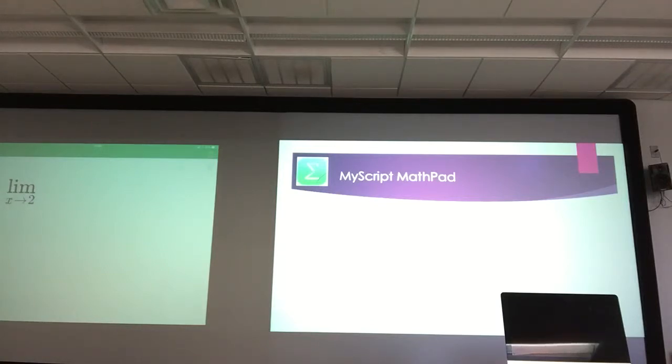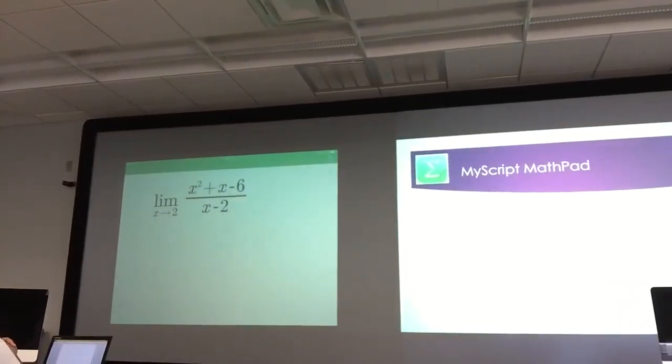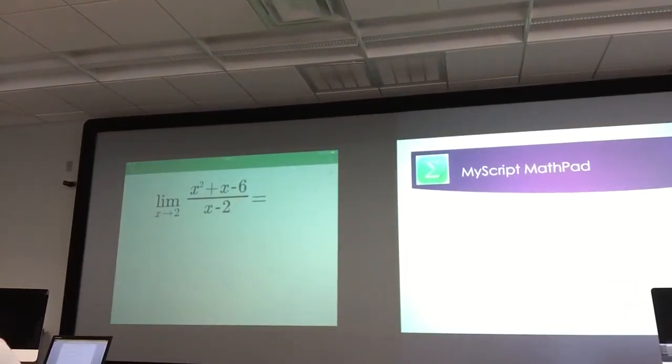I can scratch down an example that I want the students to work on, and it will translate my scratch into a nice equation. So if I want to throw something up there for the students to work on, I don't have to worry about my penmanship. It's going to come out nicely, and then I can actually work the problem with the students, asking them questions as we go along.